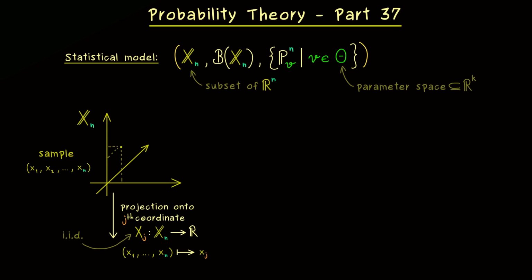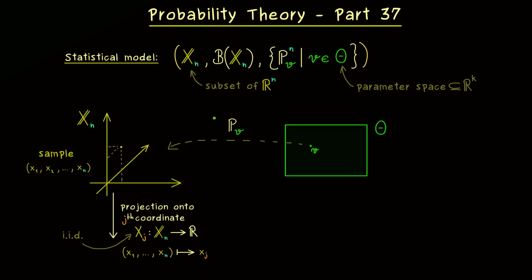And now, as you know, the goal of statistics is to find this hidden distribution by just looking at a sample. And this works because we already have a collection of possible distributions we call P theta. Therefore, you could say we just want to find the best fitting parameter theta, so having P theta as the hidden distribution fits best to the given sample.